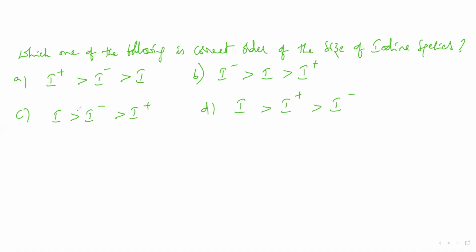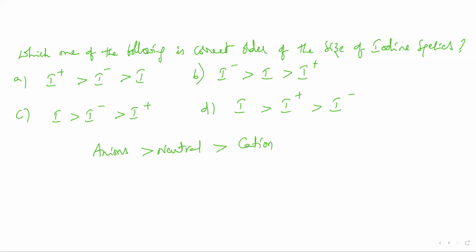Always remember that anion's size is greater than neutral atom, and neutral atom size is greater than cation.